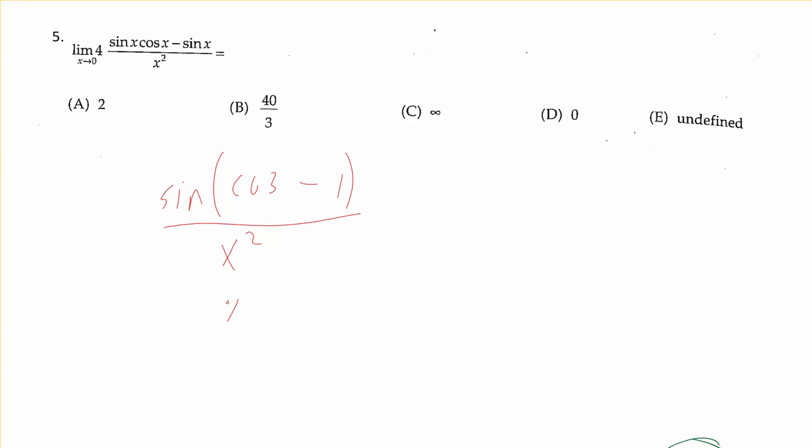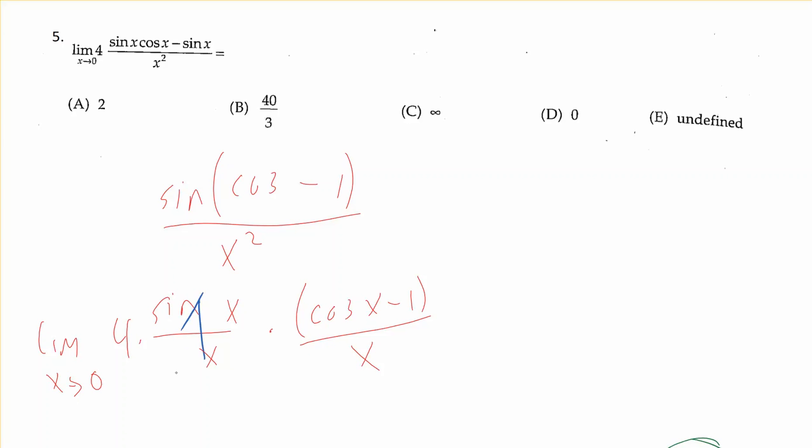If I break this up into the sine of x over x times the cosine of x minus 1 over x, 4 times that, the limit as x goes to 0, what happens is this one ends up being 1, this one ends up being 0, so it's 4 times 1 times 0.